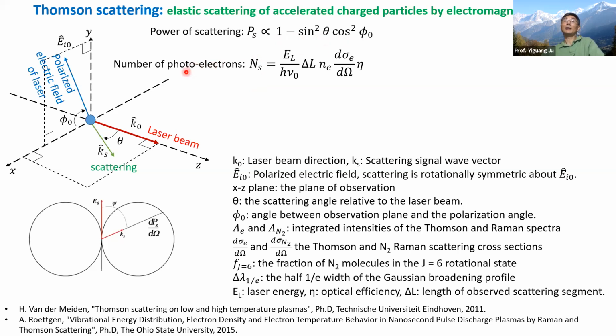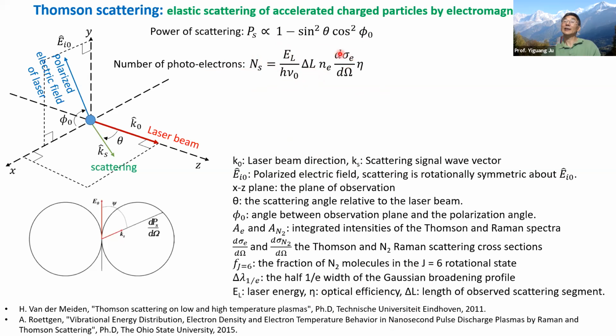The number of photoelectrons during the scattering is proportional to, of course, the number density of electrons and the imaging size, which is delta L. Then eta is the optical efficiency, and of course the higher the laser energy, the more scattering signal photons.